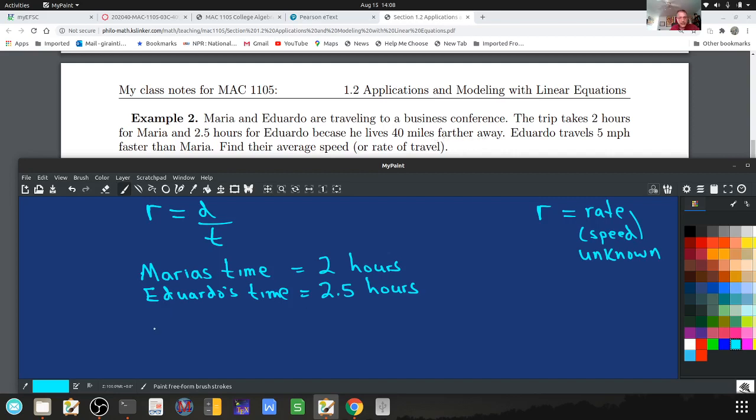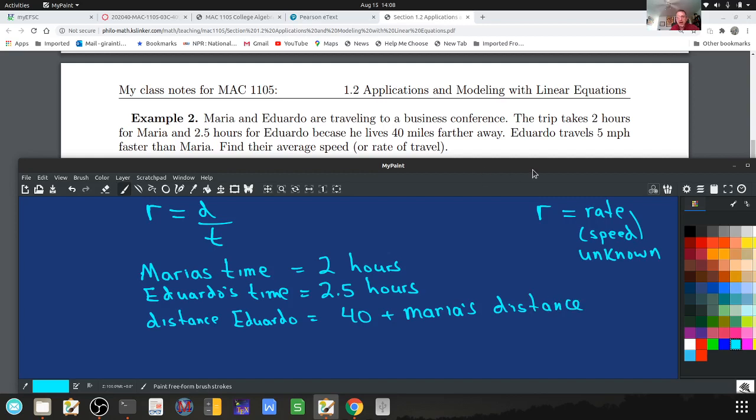So the distance for Eduardo is 40 miles plus Maria's. This is the part I say we were collecting all of the data.